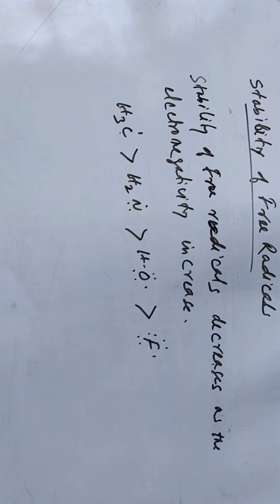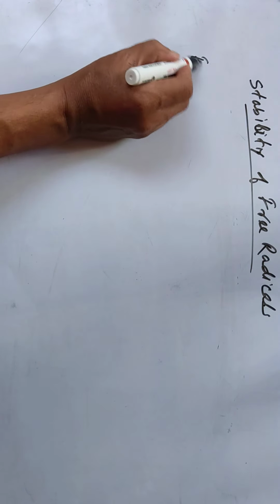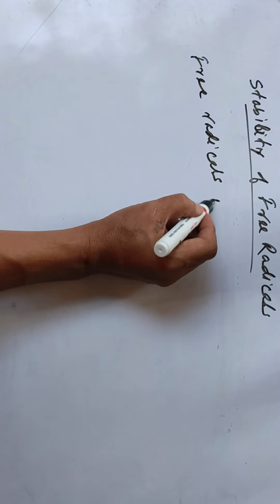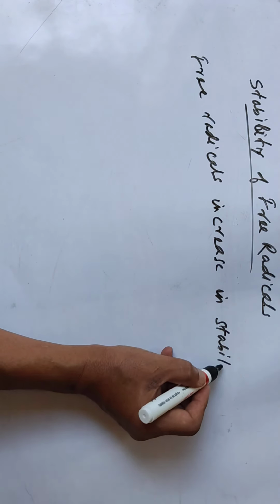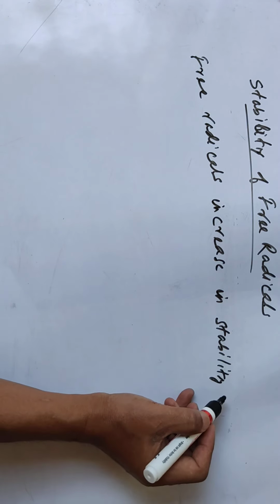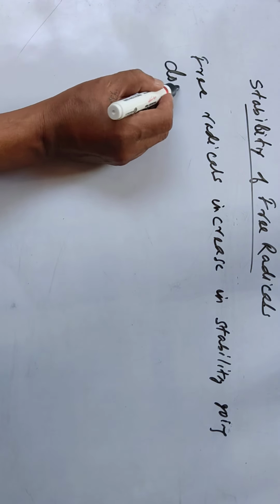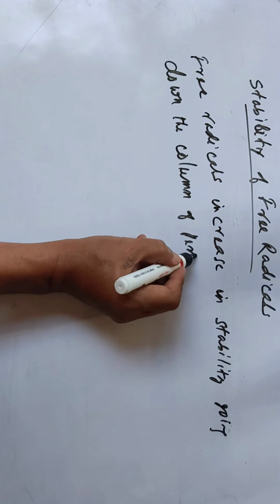Radicals increase in stability going down a column of the periodic table, with going down the column of a periodic table.